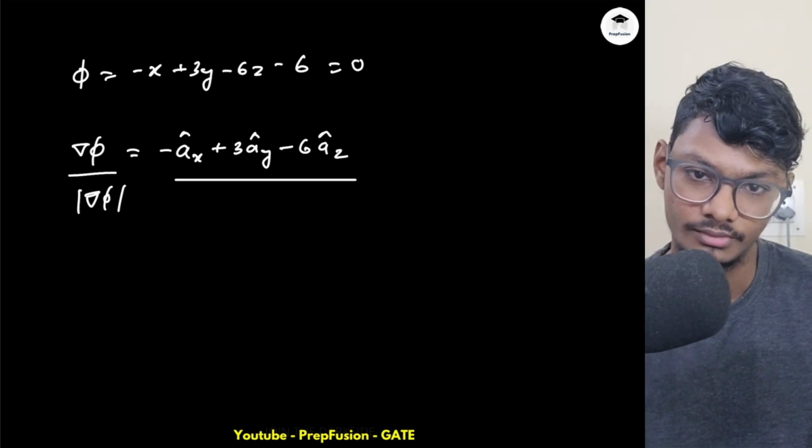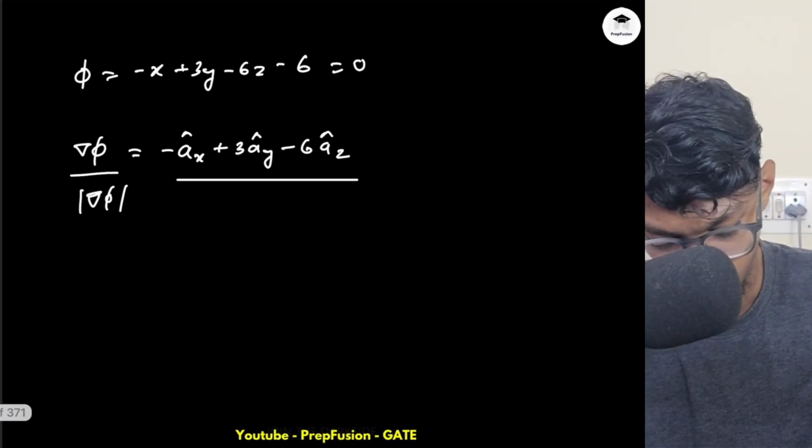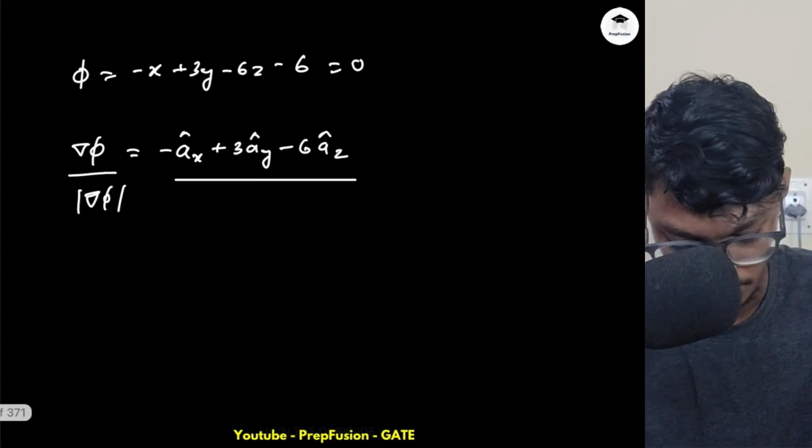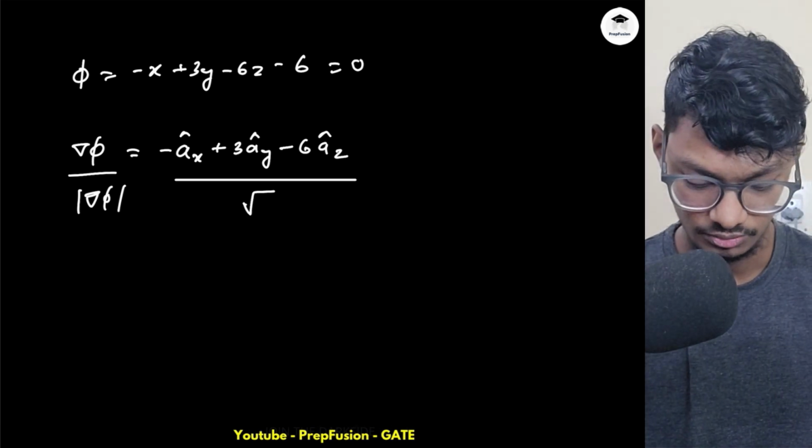This will be 1, 9, 10, 36, so under root 46.